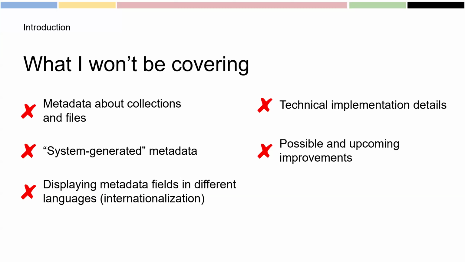We won't be talking about that. We won't be talking about metadata about files. We won't be talking about system-generated metadata, like persistent IDs that are assigned to datasets and files when you create datasets, or some kinds of dates. File level metadata is often system generated, like the types of files, the size, metrics, stuff like that. We won't be talking about that.